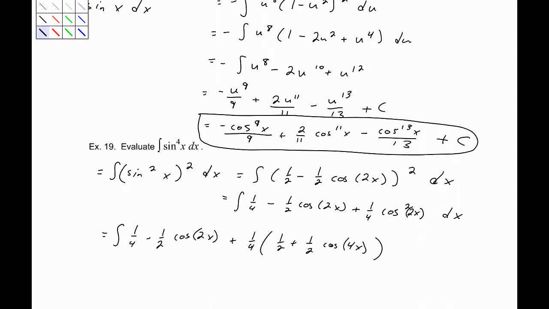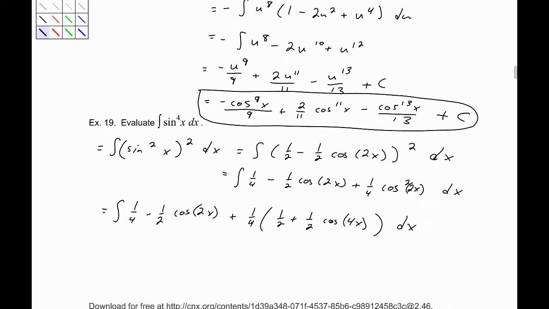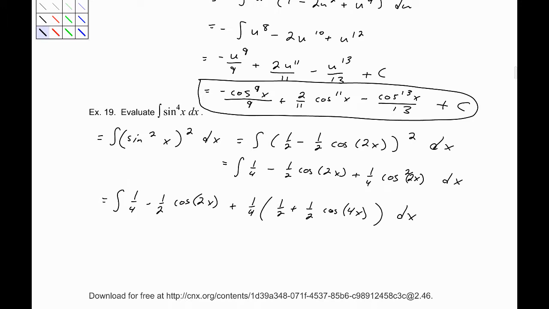Okay, there that is dx. Alright, distributing here, we get 1/8 plus 1/8 cosine 4x minus 1/2 cosine 2x plus 1/4. Now we still have to integrate this.